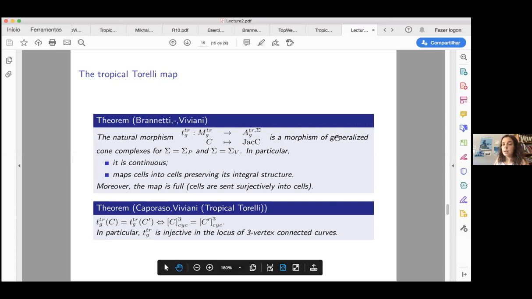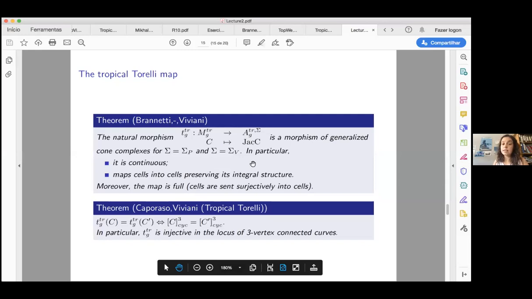The statement I'm making is that a cell in M_g tropical consisting of curves of the same combinatorial type will land inside a cone of the decomposition of Omega_g rational, up to the action of GL_g(Z). So cells are sent into cells. This is the most important thing that you have to show in order to state this.